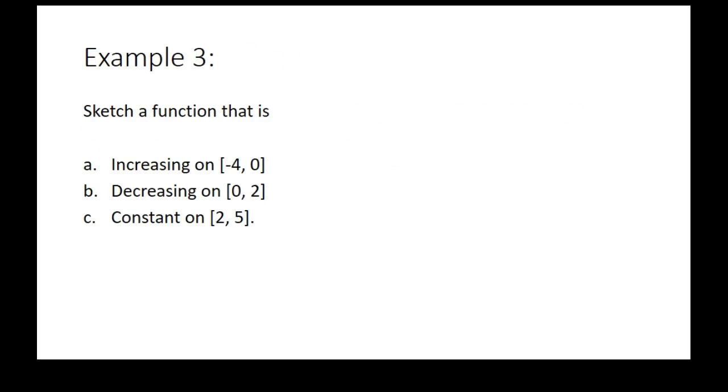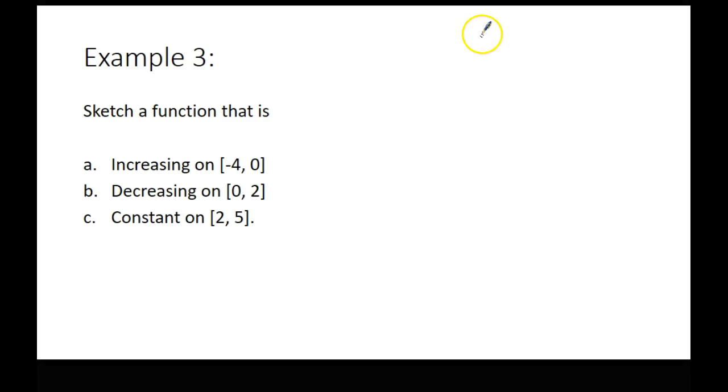All right. Last thing we're going to do today. Save the best for last. Sketch a function that is all this stuff. All right. So I'm going to show you guys how to do this. The first thing you want to do is let's make a graph.